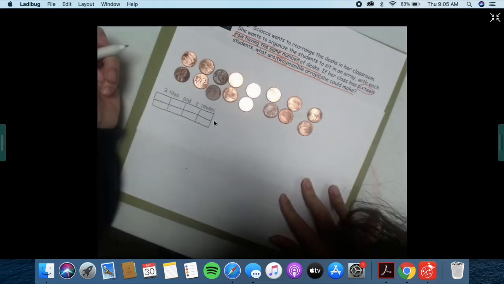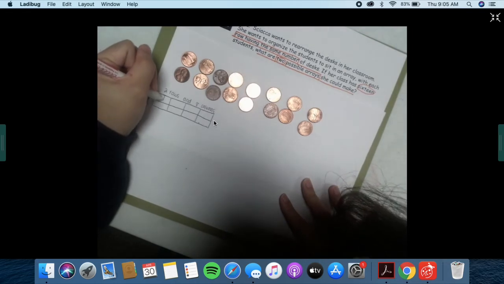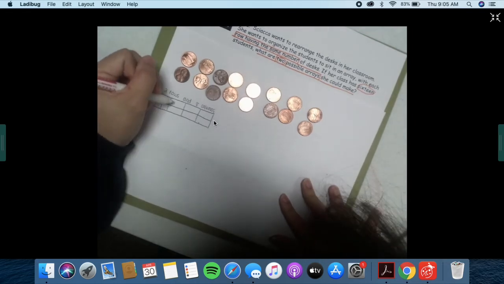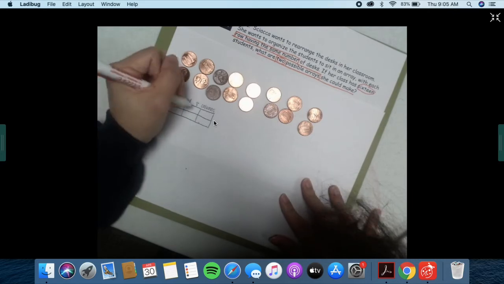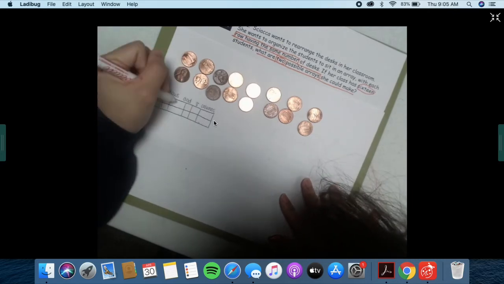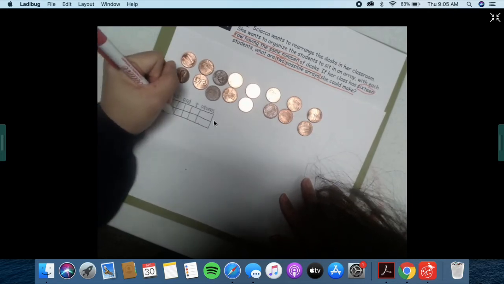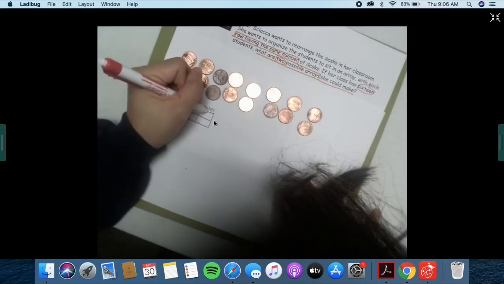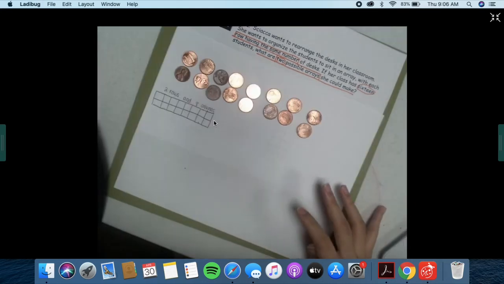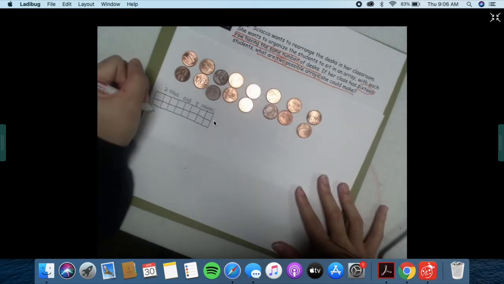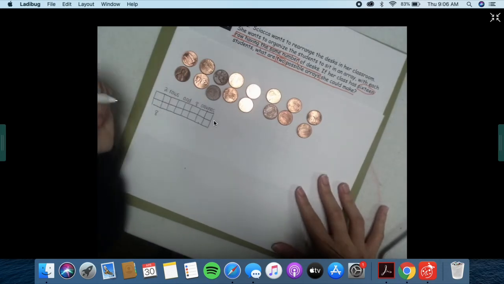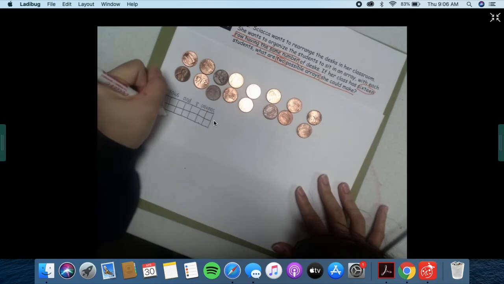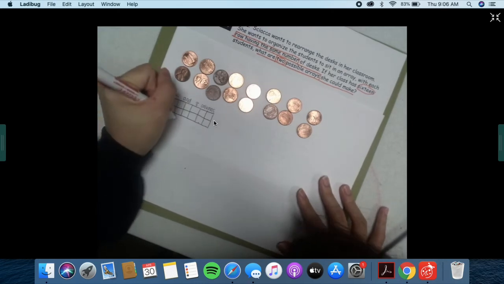So it'd be, and I can show this by going 8, one row of 8, plus another row of 8 is equal to 16.